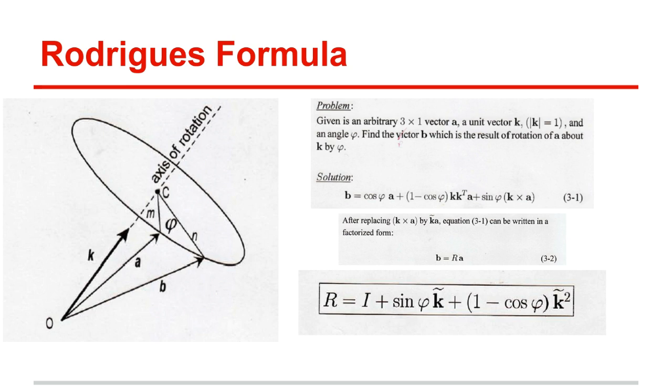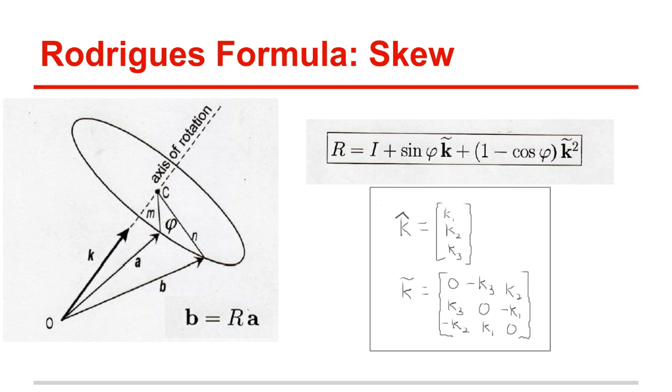So to show you guys a little bit more about what the skew operator is actually doing to mimic a cross product, you're essentially taking the unit vector K, the axis of rotation that you're rotating another vector by.